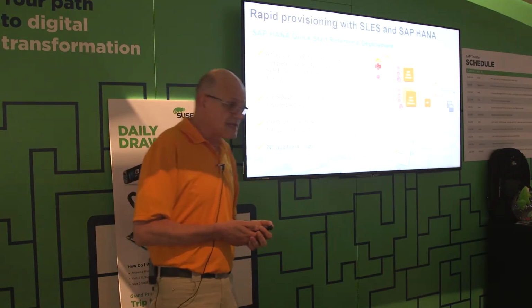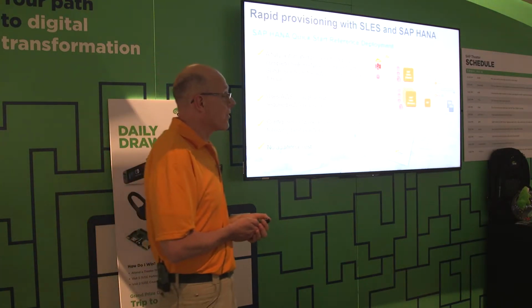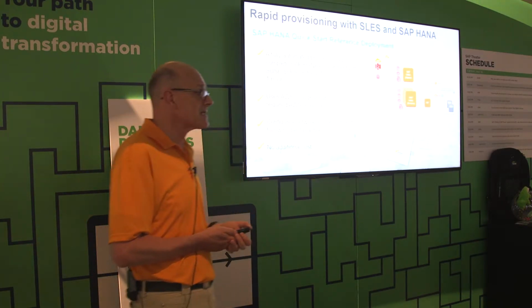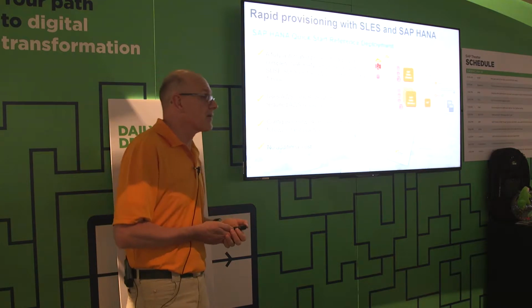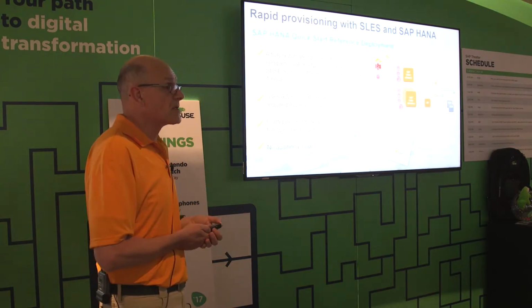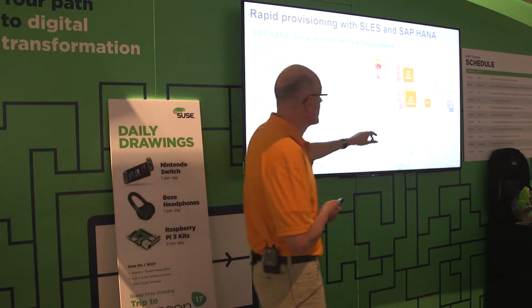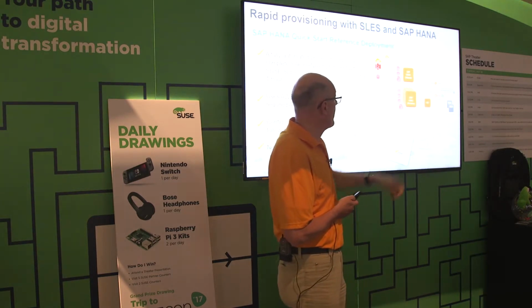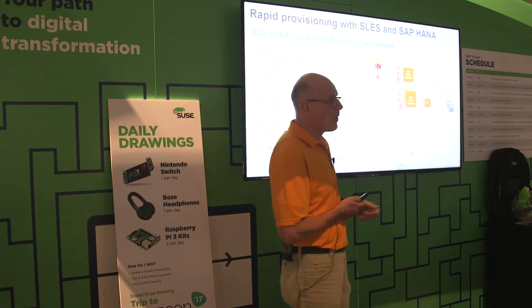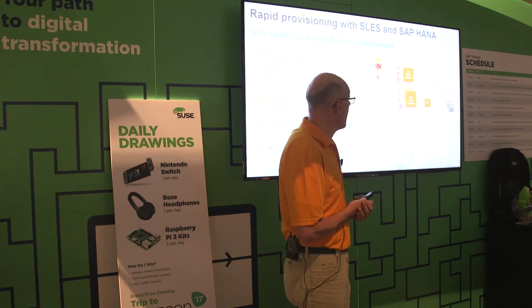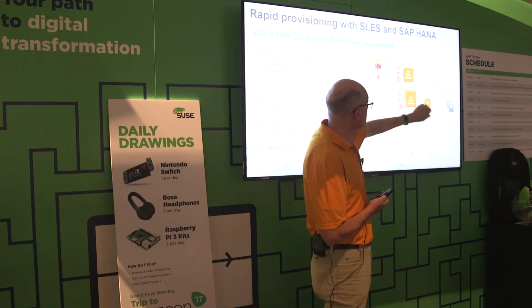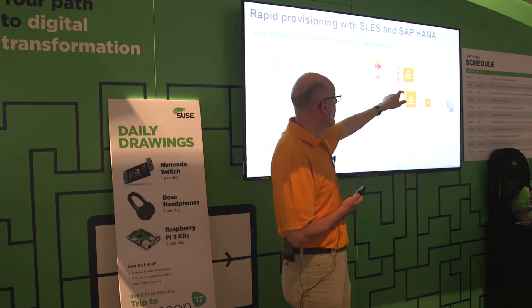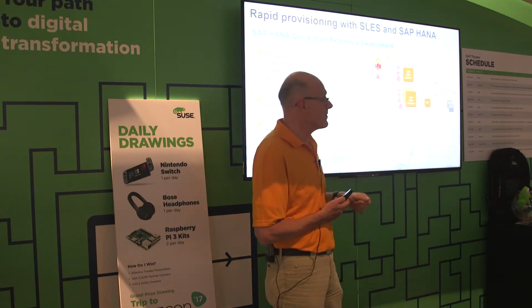We at AWS use SUSE as well for rapid provisioning of SAP HANA systems. We have a script technology called CloudFormation, which allows us to build your virtual private cloud, including instances for the SAP HANA master, including volumes which you need for HANA. We are able to create HANA workers for you. We are able to create a backup infrastructure for you.